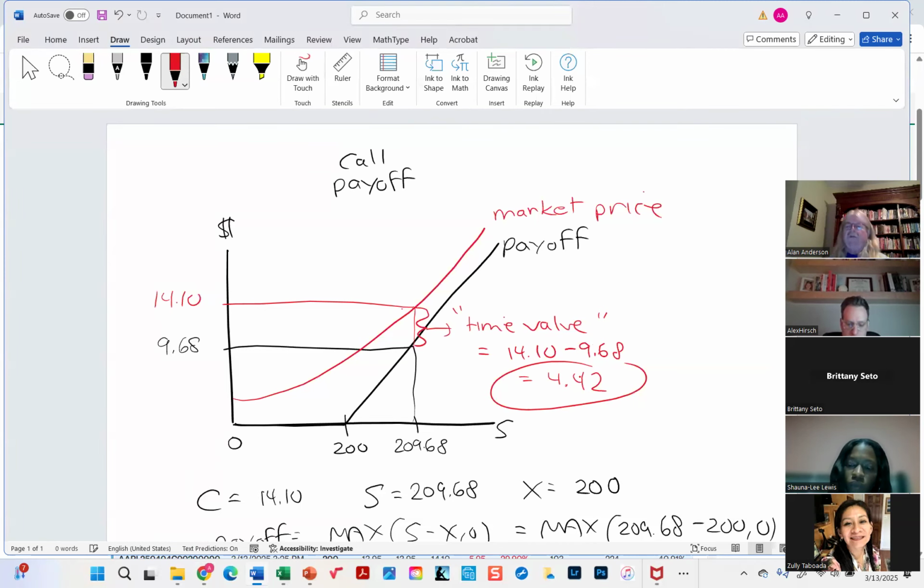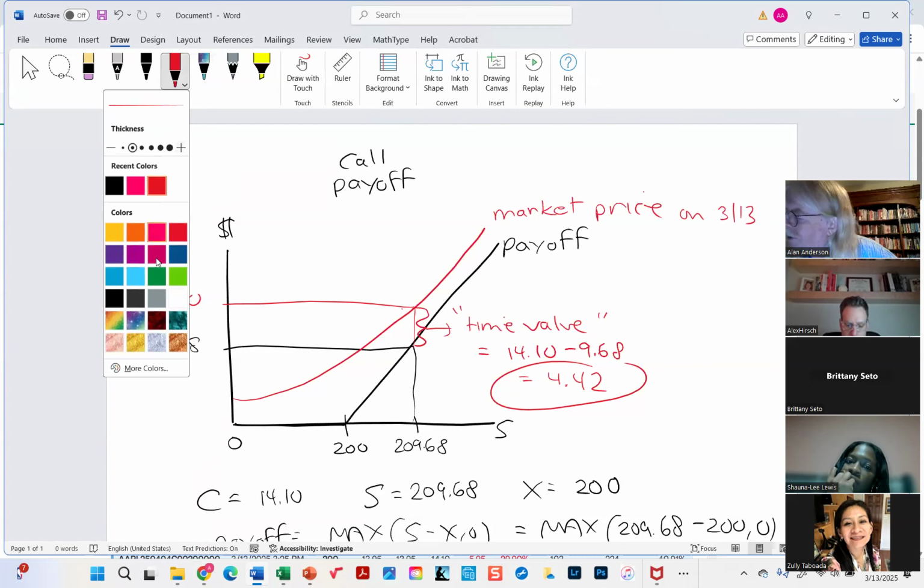Now that time value, like I said, represents the possibility, at least, that the price of the stock could continue to rise and therefore increase the payoff to the option. As time elapses, though, that market price will converge to the payoff.